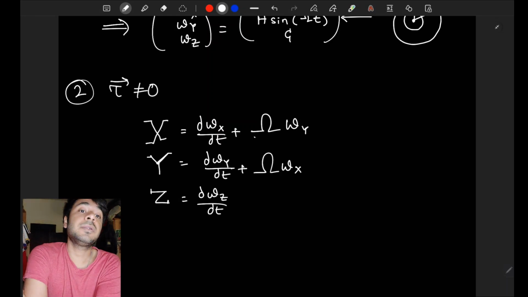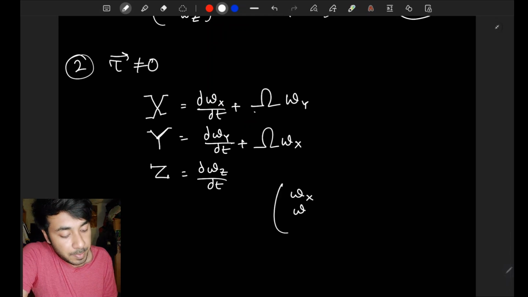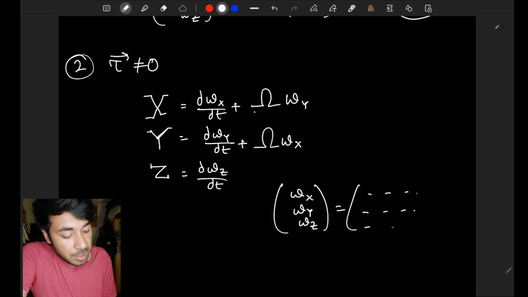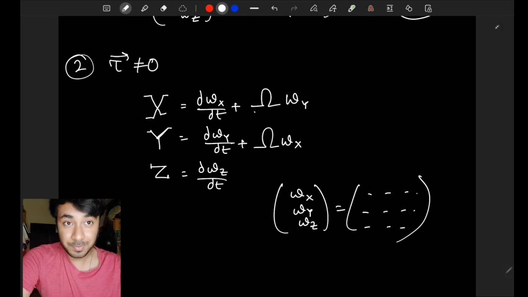What basically happens here is that the values for omega x, omega y, and omega z will be a bit different, but it will still be a nutation. It will still be a nutation that is conserving the angular momentum.